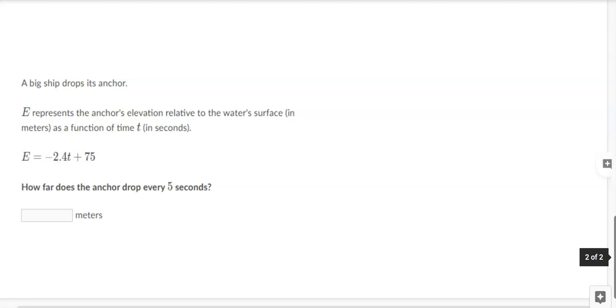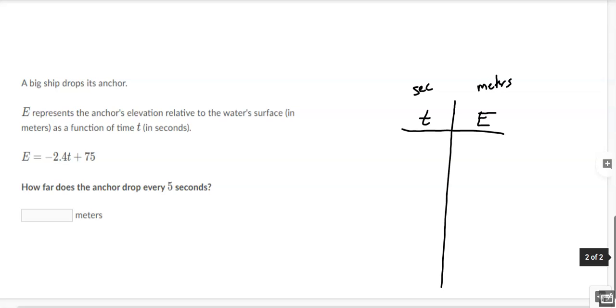The big ship drops its anchor. E represents the elevation relative to the water surface, and T is time. So let's make our little chart over here. We have elevation, we have time. Our time is in seconds, and our elevation is in meters. And if I put 0 in for T, my y-intercept is 75.